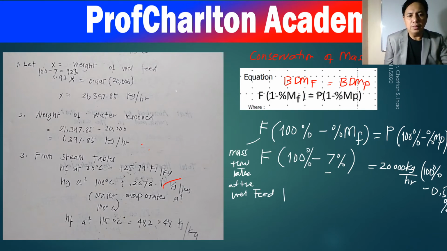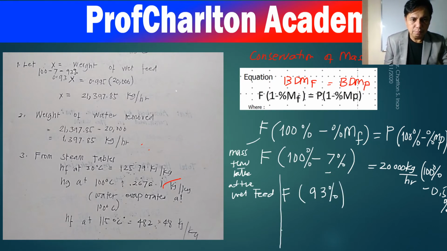So moving on, feed: 100 minus 7 is 93% equals 20,000 kilogram per hour.